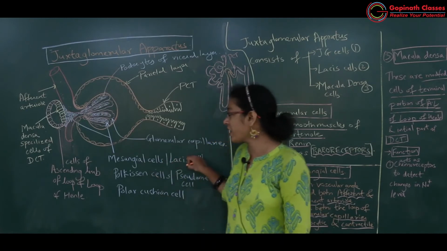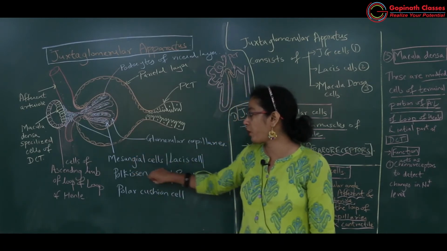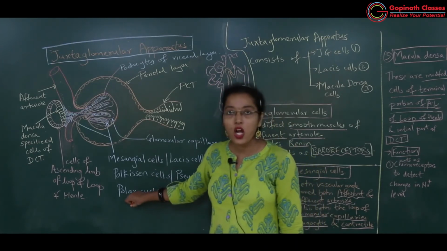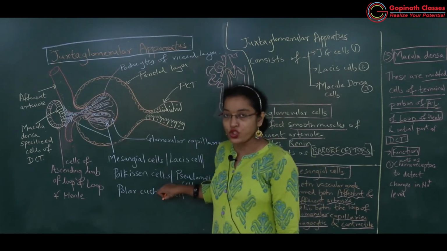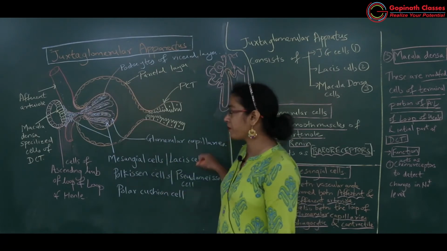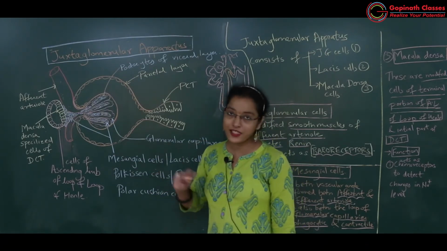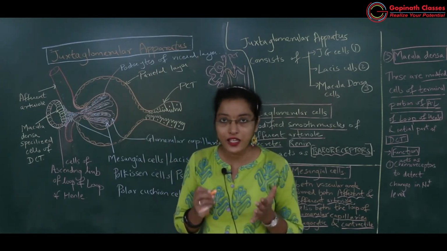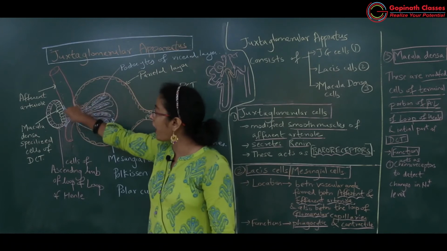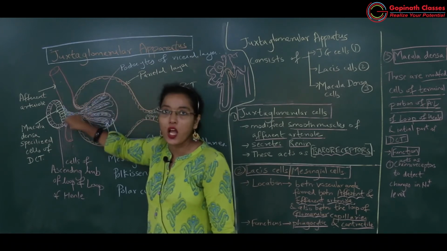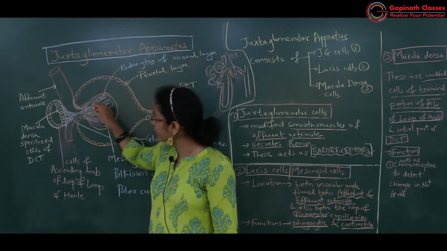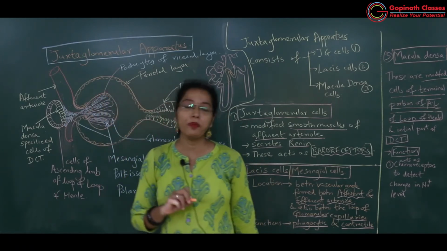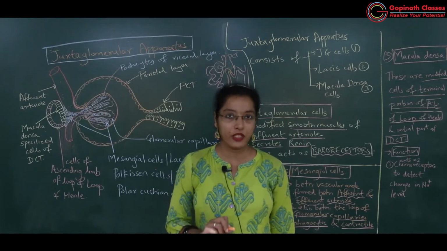So Lacy cells, mesangial cells, Pulkyson cells, pseudo Meissner cells or polar cushion cells are different names given to Lacy cells. What are Lacy cells? Lacy cells are the cells present at the angle of the afferent arteriole and efferent arteriole, as well as between the loops formed by the glomerular blood capillaries.